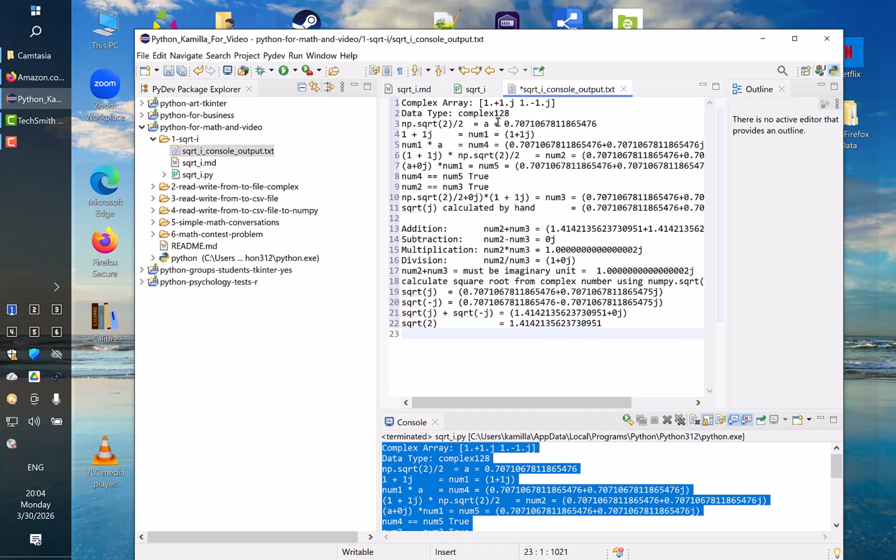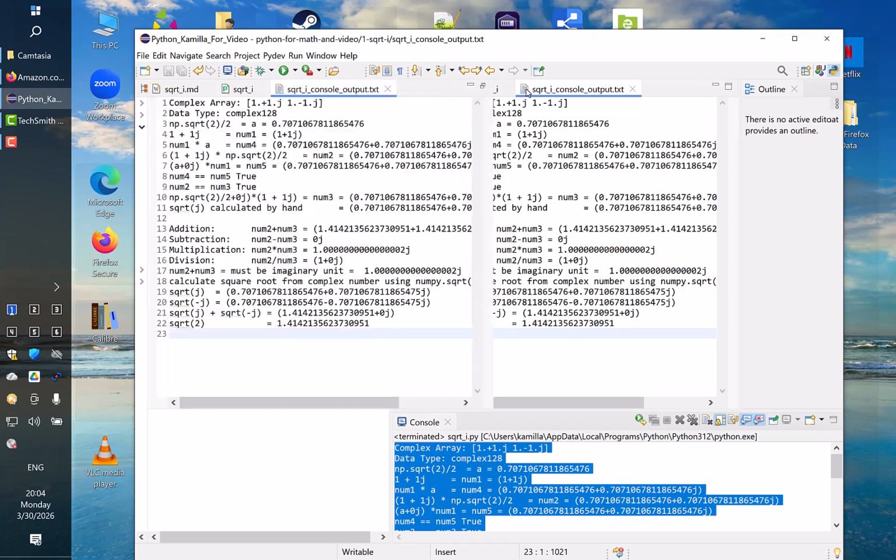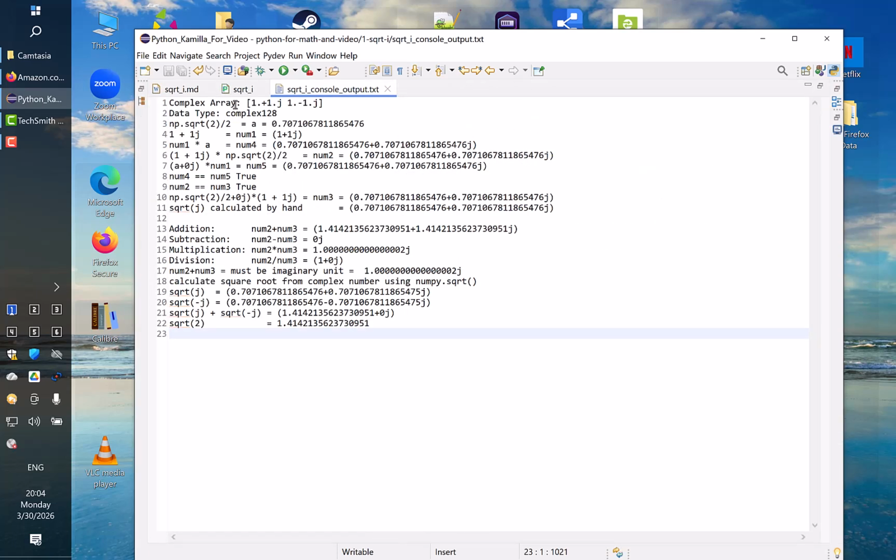And we have a whole array. We save it, and you can take a look. This is a complex array, data complex. So, and then we have this.